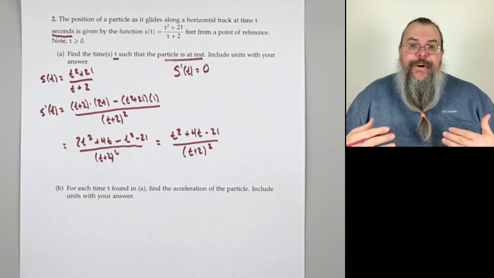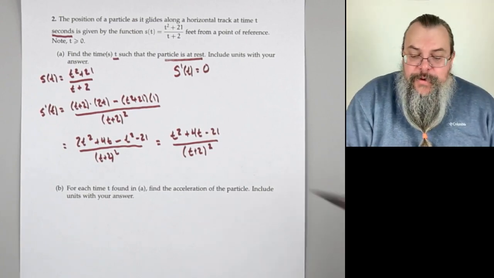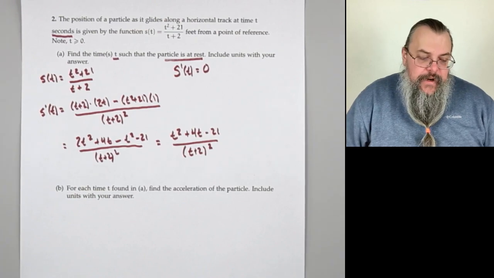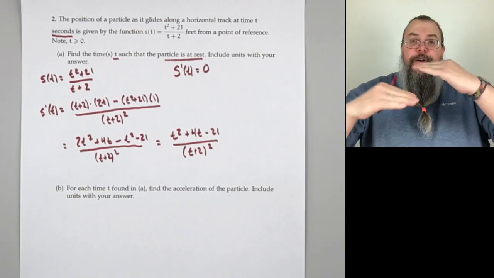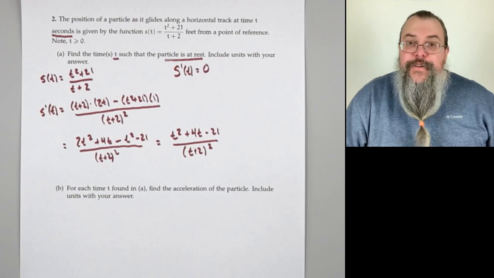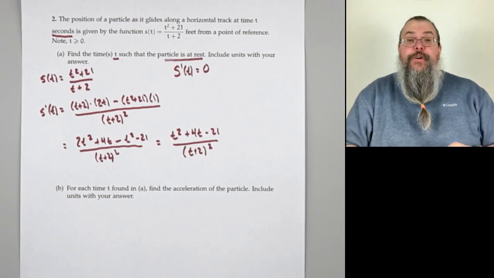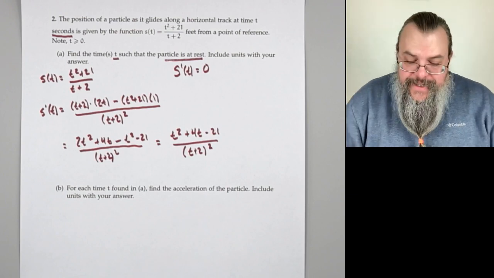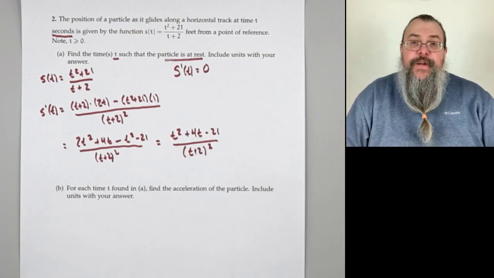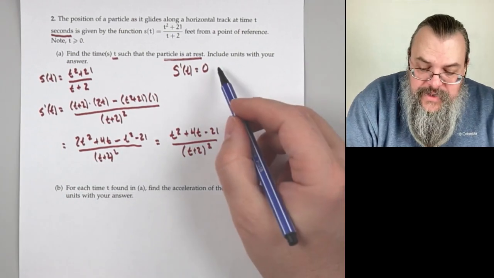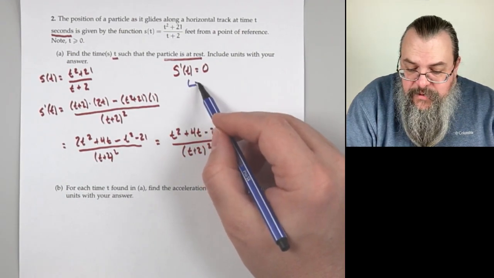All right, now, what comes next? Well, we set the derivative equal to 0. Well, how can I have a quotient equal to 0? And the answer is there's just one thing that can happen, which is the upstairs part, that t squared plus 4t minus 21, that part has to be 0. So we say, okay, s prime of t equals 0.